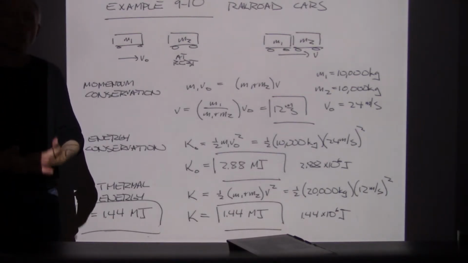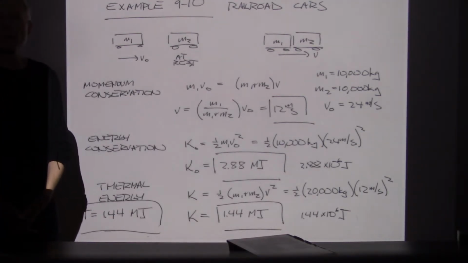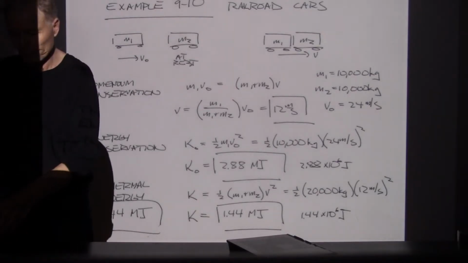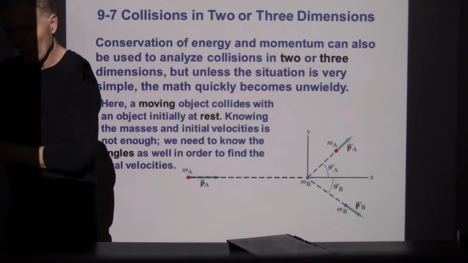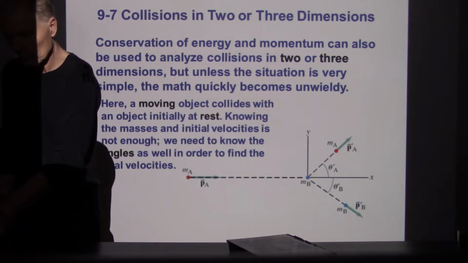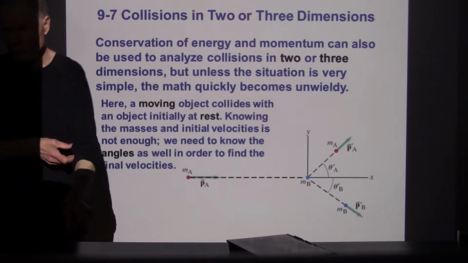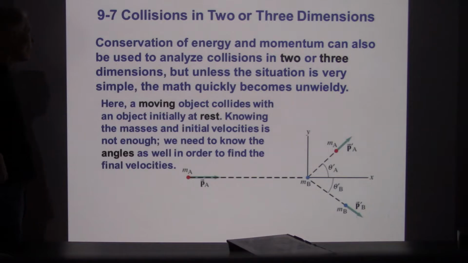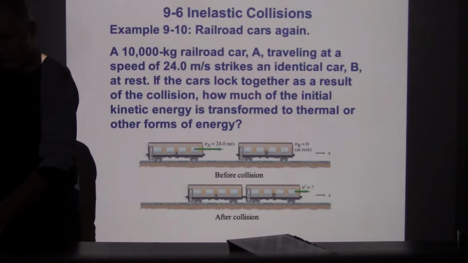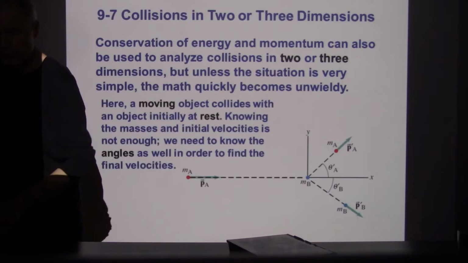Again, that would be a way to conserve mechanical energy. All right, so that was looking at the energy loss, the kinetic energy, the generation of thermal energy in the collision.